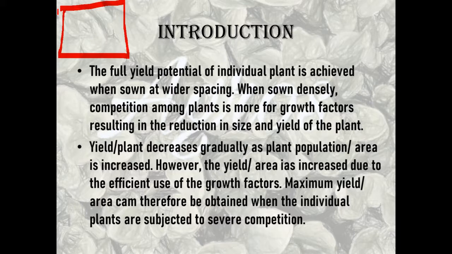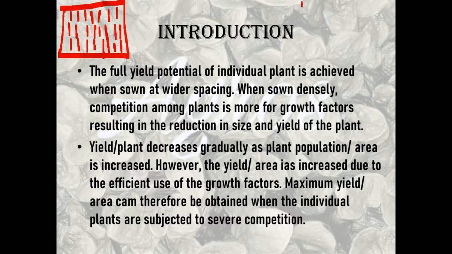Actually, the yield of individual plants over there starts decreasing. These are the individual plants, okay. The yield of these individual plants decreases, and not the yield of the whole area. Everyone must be surprised. Okay, let me try to explain it in a simpler way.